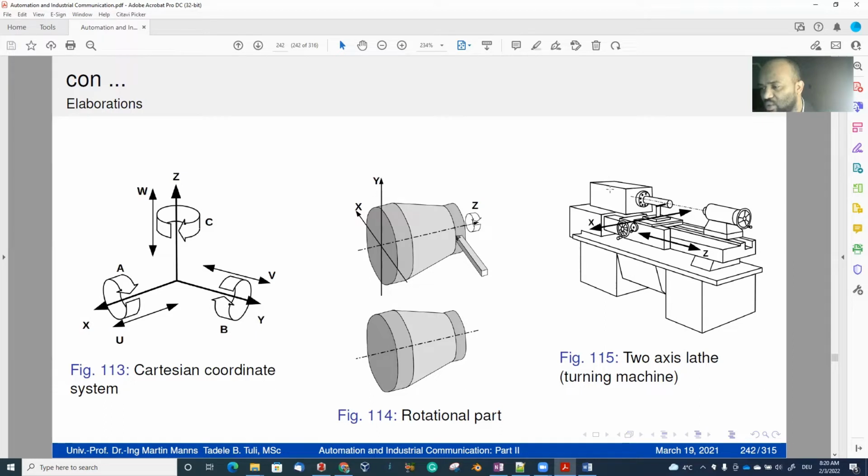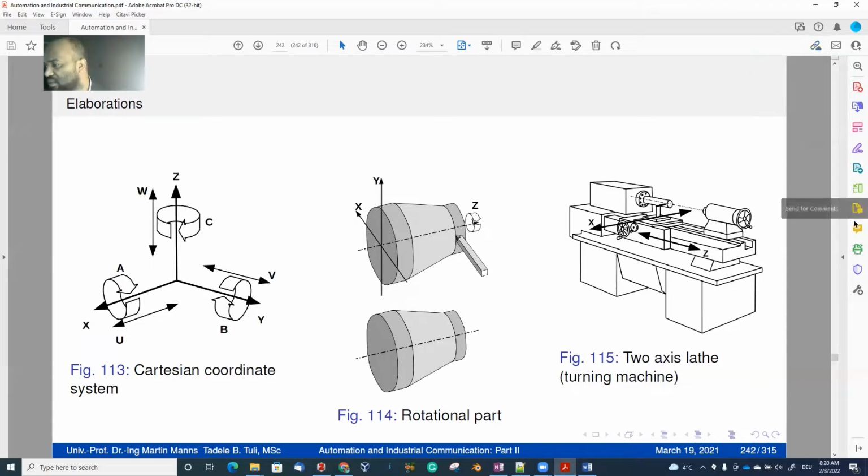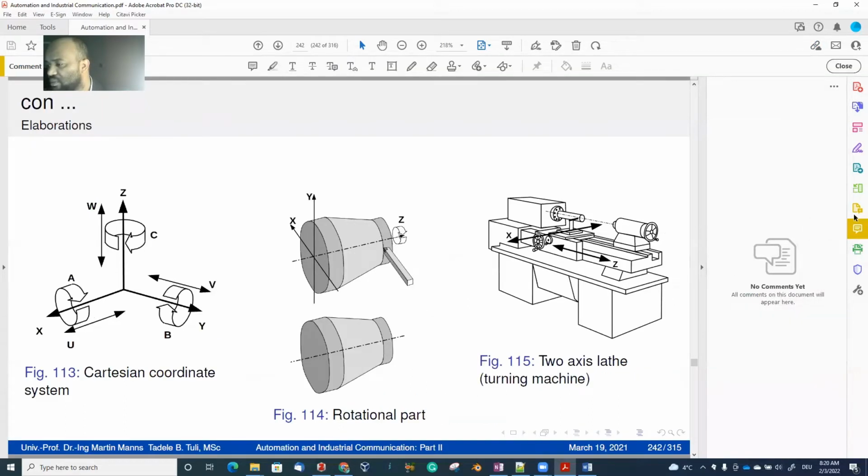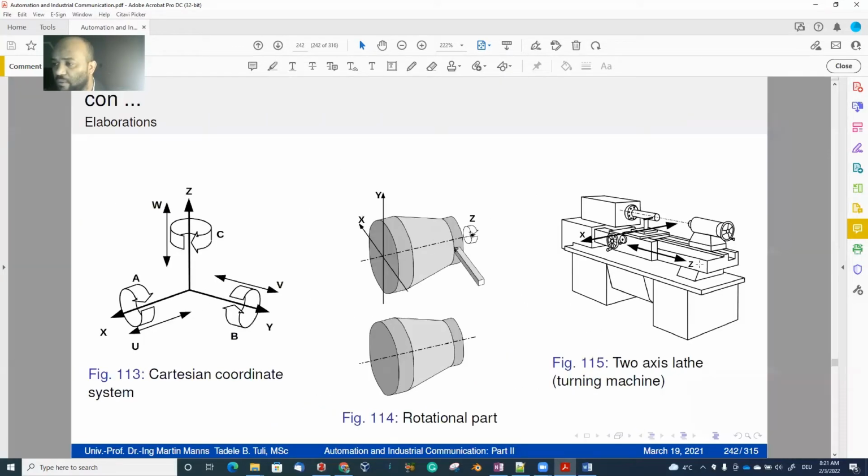For example, here on this machine, you have this object which is rotating. Along this, you have the axis which is assigned as the z-axis.